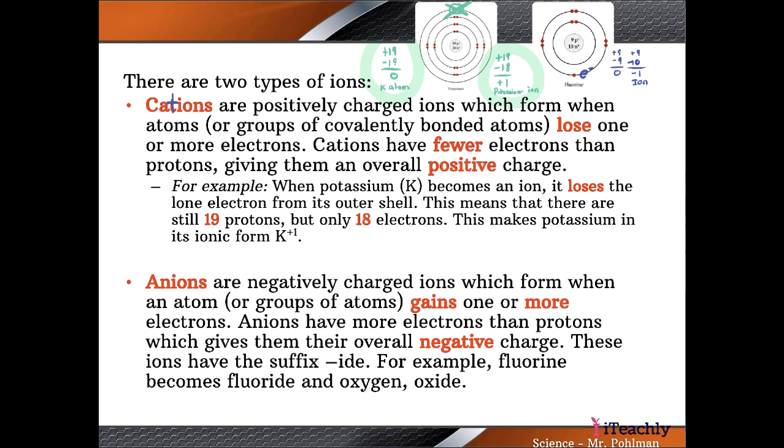So if you form these ions, let's take a moment and just look at the names. See, I said that we have a potassium atom and then we had a potassium ion. When you form these chemical bonds, you do not change the name of the metals.